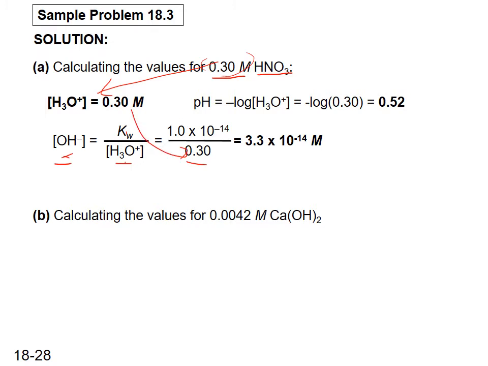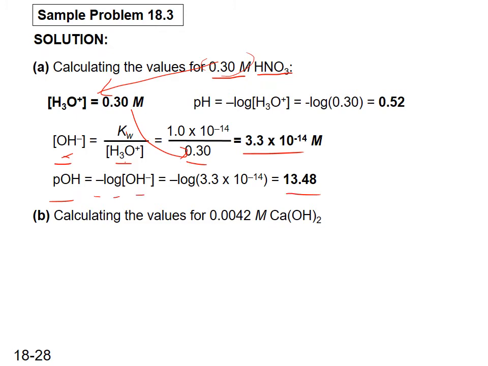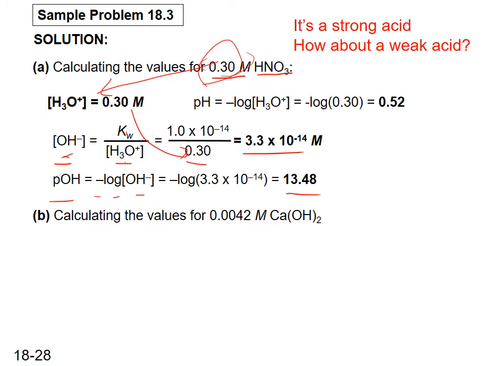Put in, you get hydroxide, and then pOH, according to the definition, is negative log OH, and that gives you 13.48. All right, so that's A. Again, it's for strong acid. All concentration of acid becomes hydrogen ion. If it's weak acid, we'll show you we need a Ka later for how to do it.